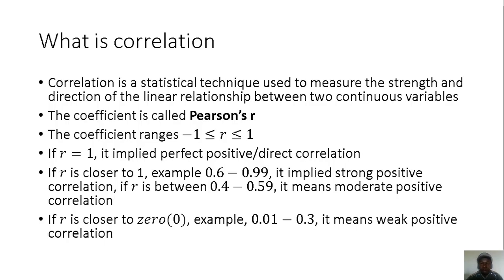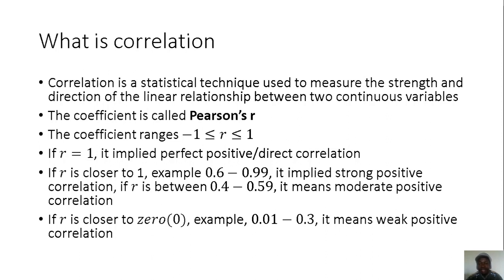For example, we have age and height. Age is measured in the form of a number and the height is measured in the form of a number. Also income and consumption, so how much you earn, how much you spend. So these ones are all perfect for correlation.